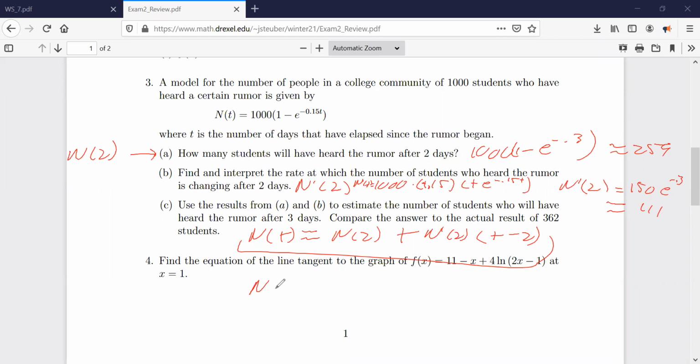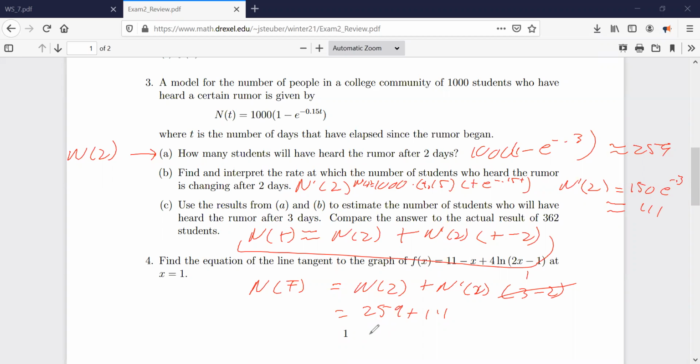And if we plug that in, we get n of t is going to be equal to n of 2 plus n prime of 2 times 3 minus 2. That's just 1. So that is equal to 259 plus 111.